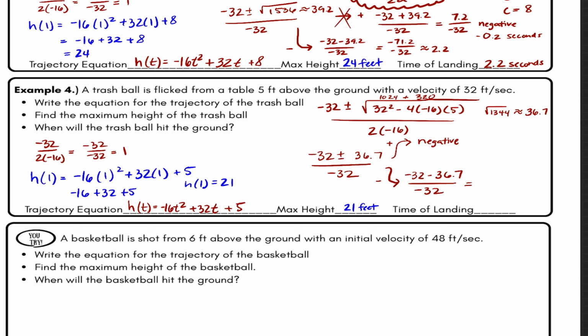So when we combine those two, we get negative 68.7 divided by negative 32, which is going to result in a positive number, about 2.1 if we round to the nearest tenth. So this is 2.1 seconds.